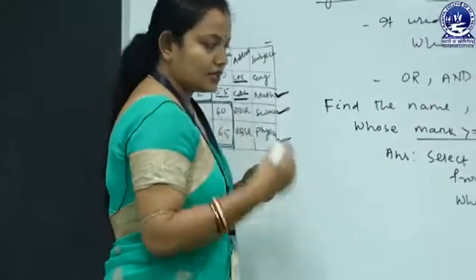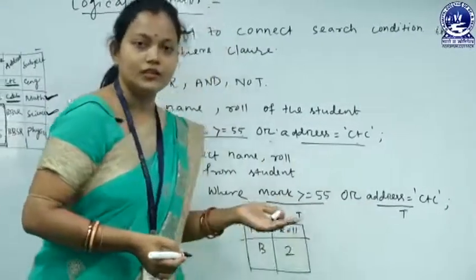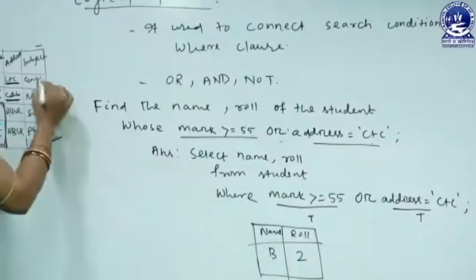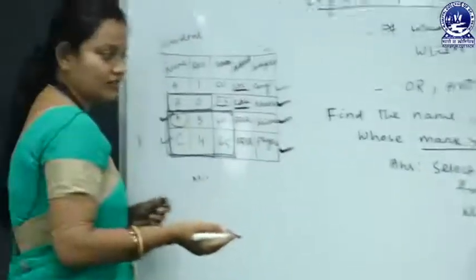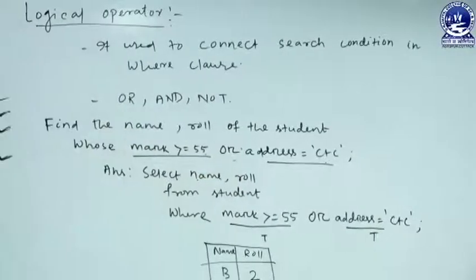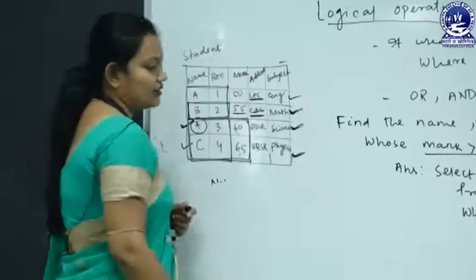In case of logical OR, if one of the conditions is true, then we can filter this tuple. So, according to this query, we have these 4 tuples in our resultant relation, but it will filter only name and roll.